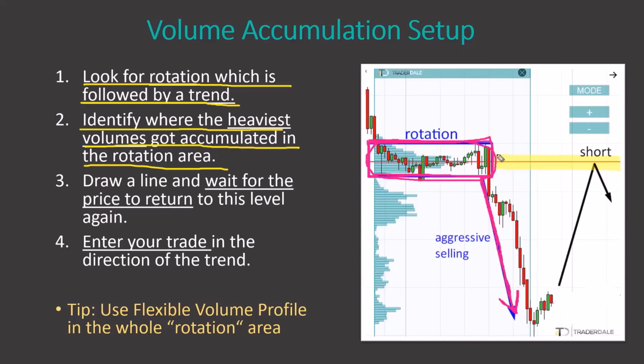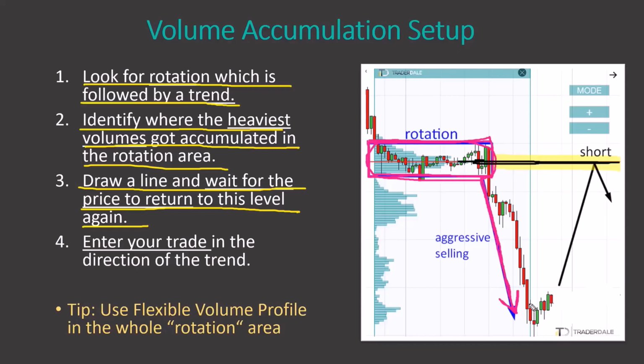In this case, I hope you can see it. It was in here. This is where the volume profile was the thickest. Right? So you draw a line there and wait for the price to return to this level again. In other words, you wait for a pullback.